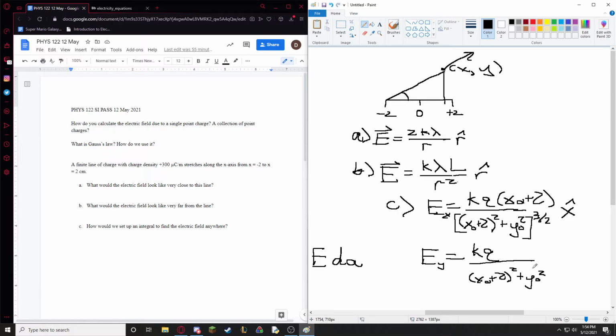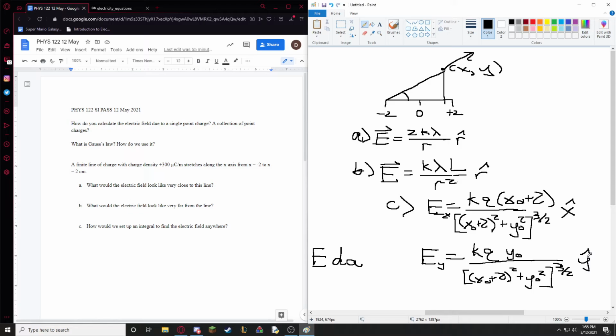You would take the sine of the same thing. And what's sine? It's opposite over hypotenuse. Exactly. So we would have Y naught up top, and we raise this to the 3/2. Now we have the y hat direction. Boom. There's our X component and our Y component for the point charge.